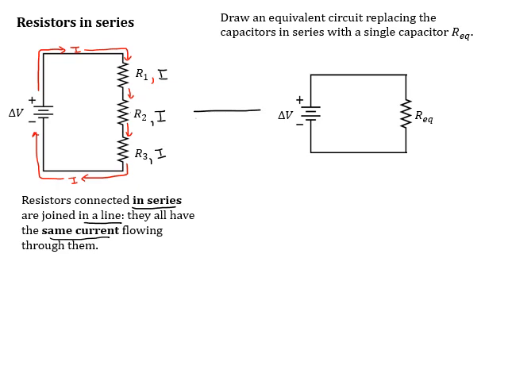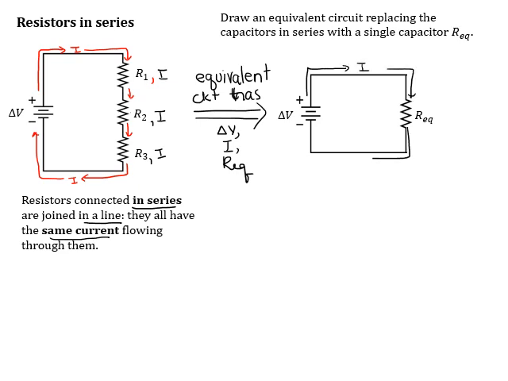So we can replace that circuit with an equivalent circuit, and this is similar to what we did with our capacitors. Our equivalent circuit has the same potential, the same current, but the resistance is now called R equivalent. The current that comes out of this battery is I, comes all the way around, and back in.